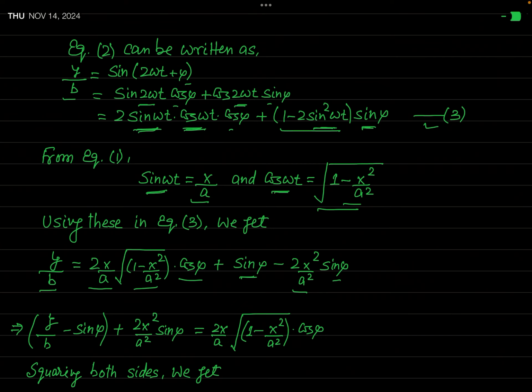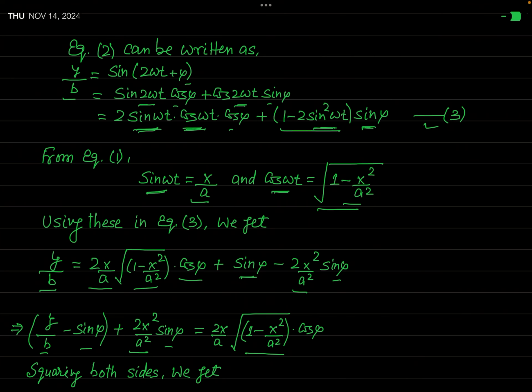Bringing these two terms, you can see this will be y over b minus sine phi plus 2x square over a square times sine phi, and that will be equal to 2 times x over a times the square root of 1 minus x square over a square times cos phi. Now, to get rid of this square root, let us square this equation on both sides.